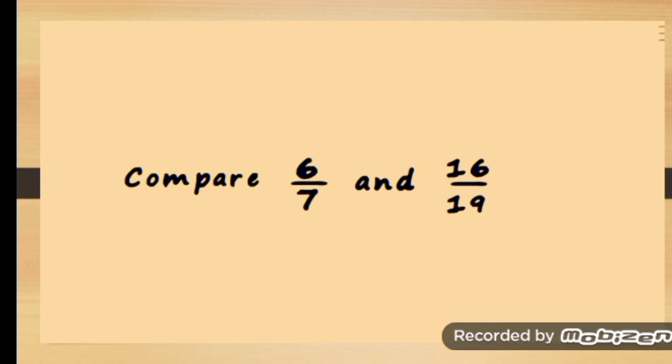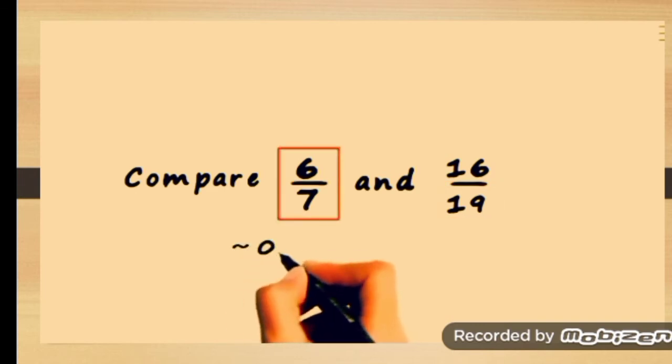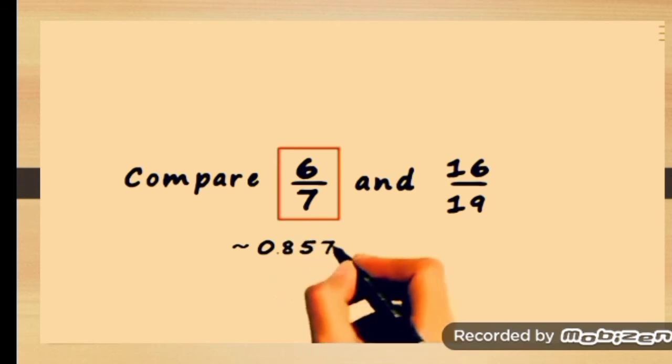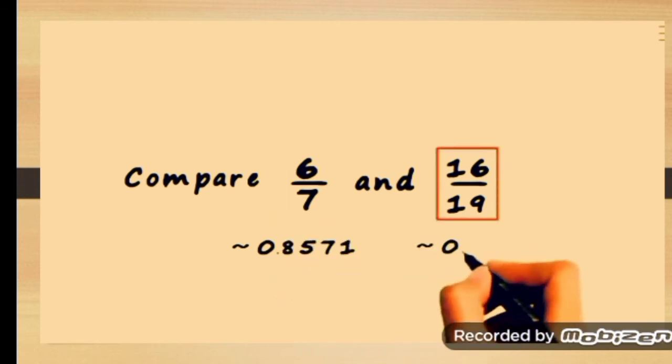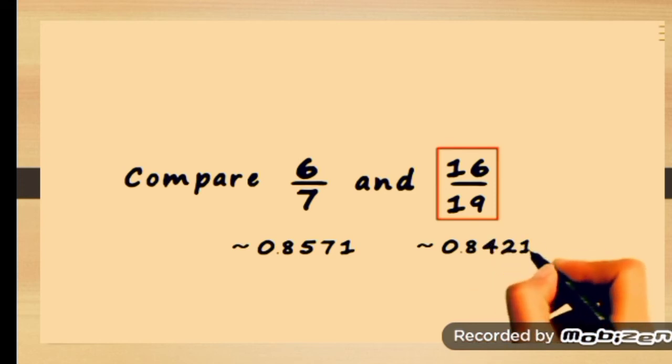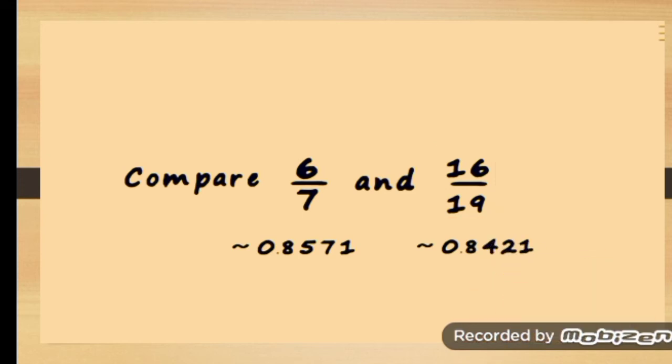And if the denominators are different, we make them the same and then compare the numerators. Look at this example. The denominators are different. Using a calculator, we see that 6 by 7 approximately equals 0.8571, and 16 by 19 approximately equals 0.8421. Pretty close, I would say.